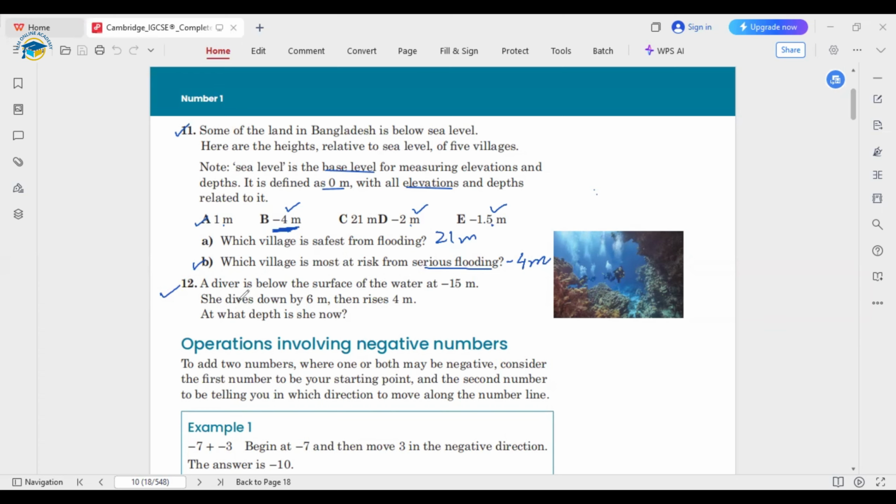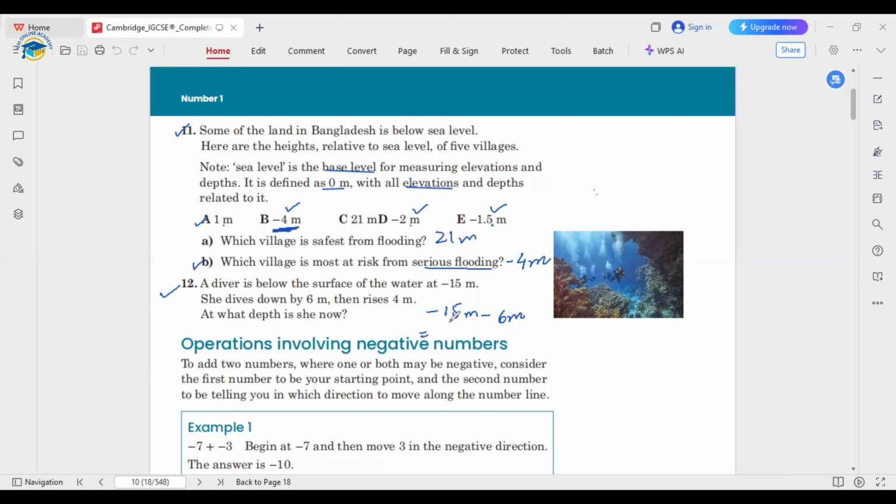Okay, next we have part number 12. In this, they're saying the diver is below the surface of the water, at negative 15 meters, and she dives down by 6 meters. As she is diving down, we need to use the negative sign. As negative 15 meters was the water level, from this we need to subtract 6 meters.